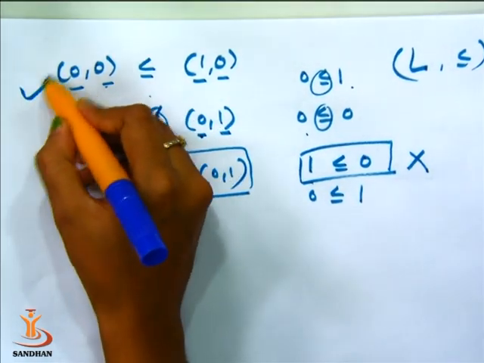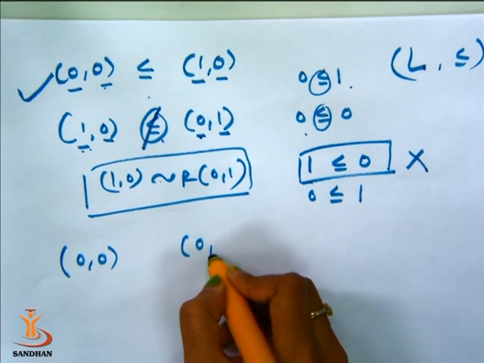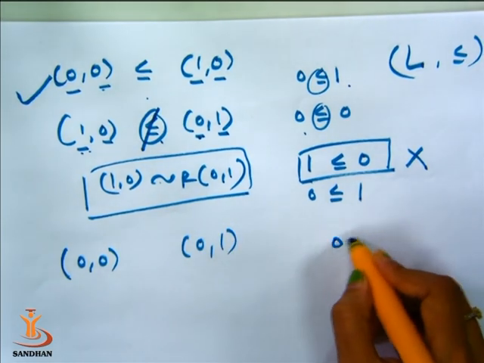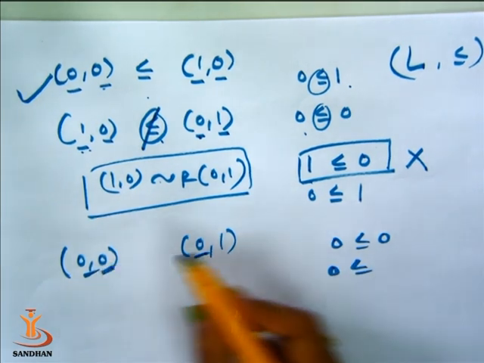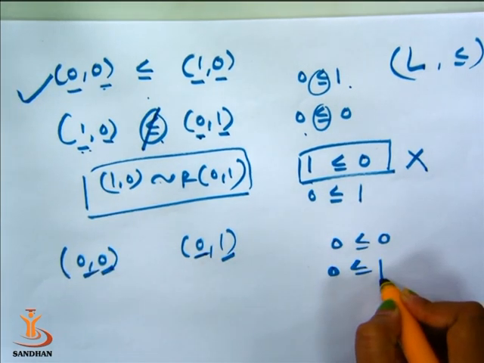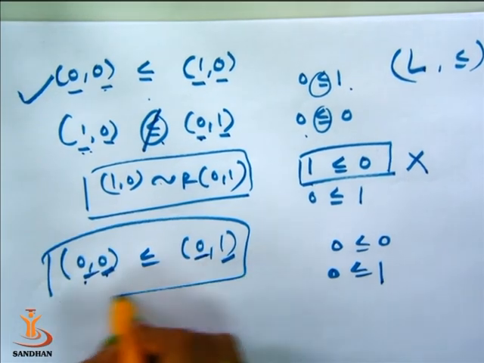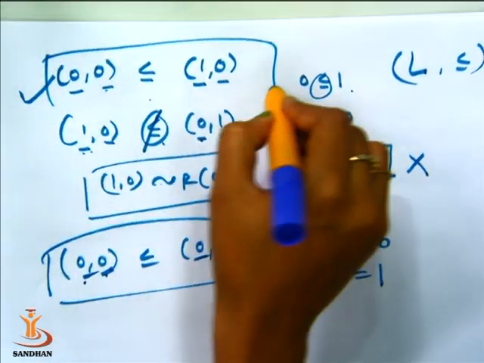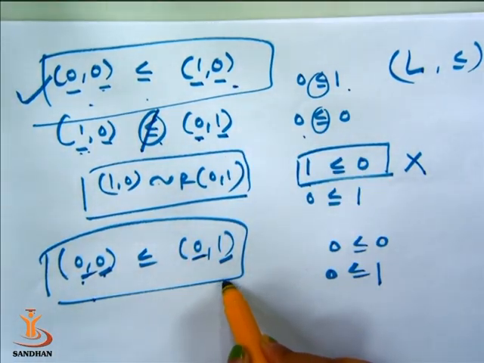So (0, 0) is related to (1, 0). Now can (0, 0) be related to (0, 1)? Yes, because 0 is less than or equal to 0 and 0 is less than or equal to 1. So (0, 0) is related to (0, 1). So first of all we have two sets here: (0, 0) is related to (1, 0) and (0, 0) is related to (0, 1).